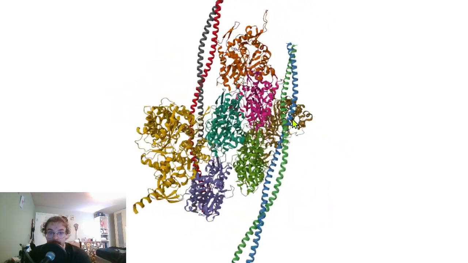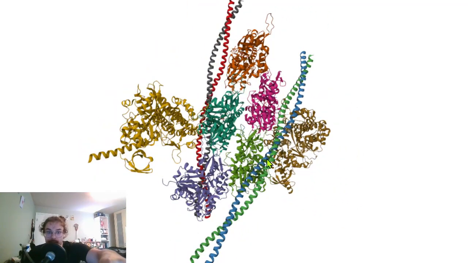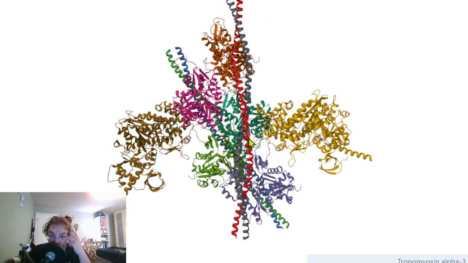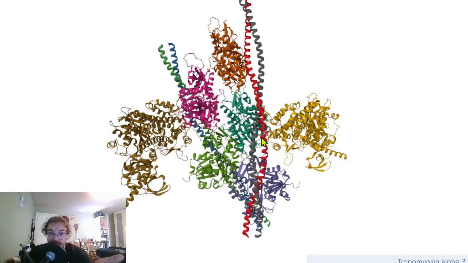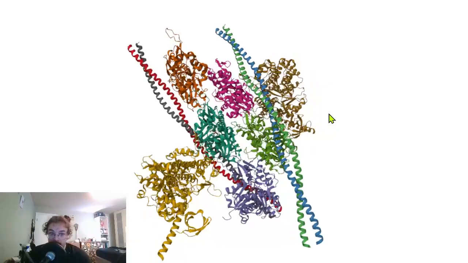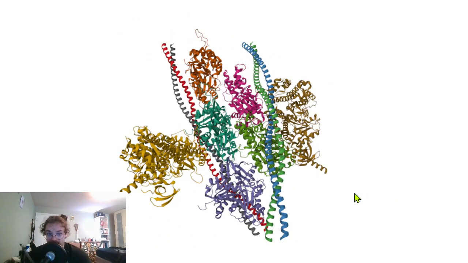That's these little helix-looking things on the outside, like the blue and the green here, and then the red and the gray here. So right there, you have your tropomyosin, and that's surrounding your actin molecules in the middle, which are also making a helix. They're just more bead-like. So you can imagine that this is long, right?